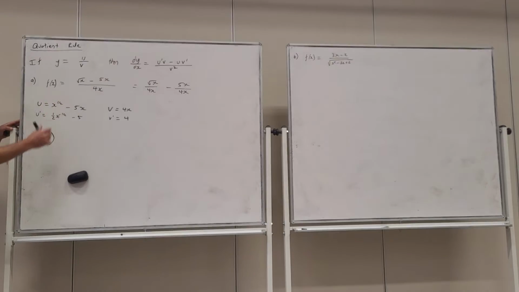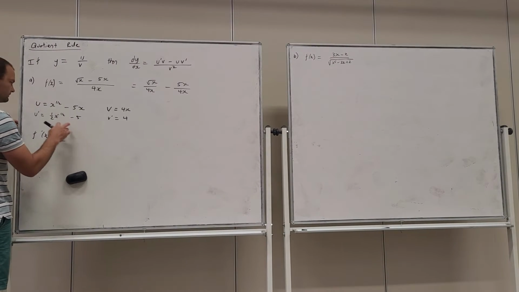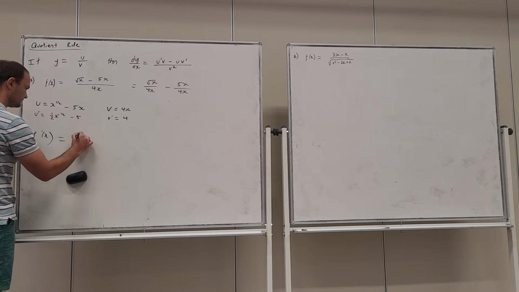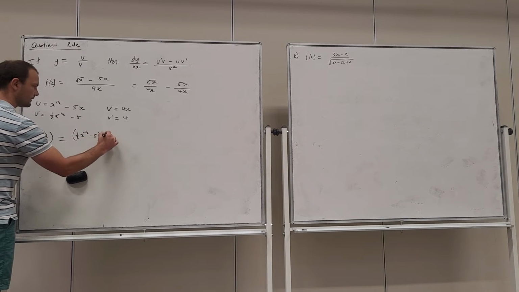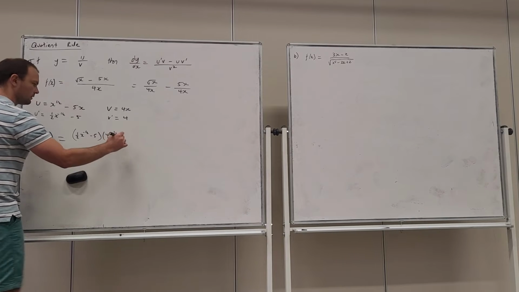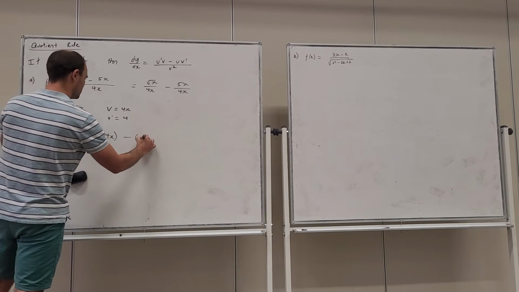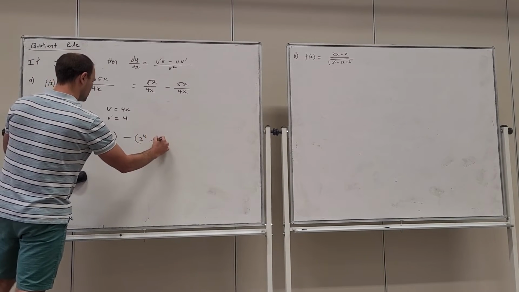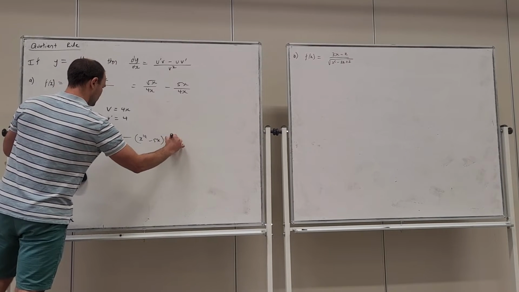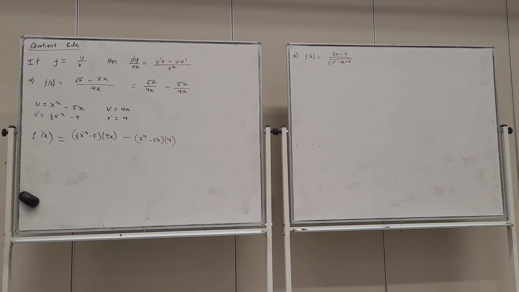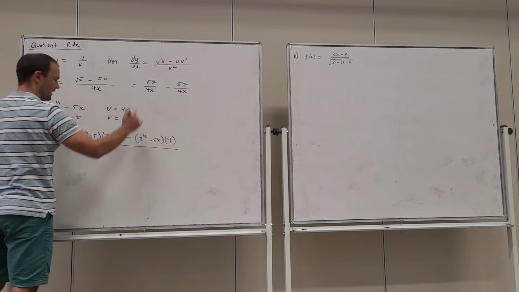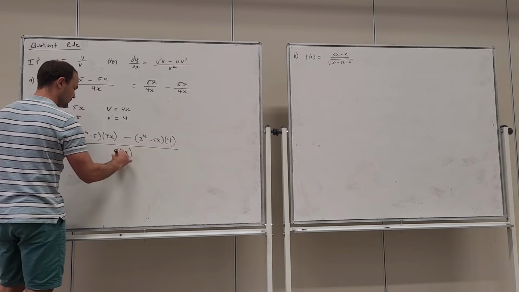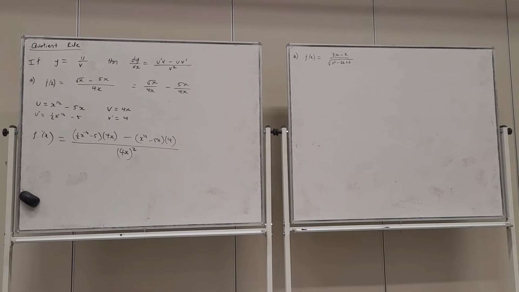If this is f of x, our derivative is f dash, u dash v, take u v dash, all on top of v squared. So 4x squared.